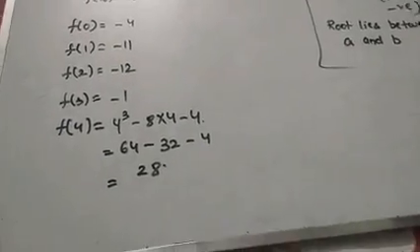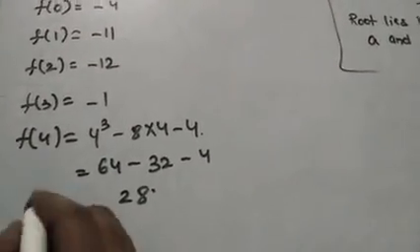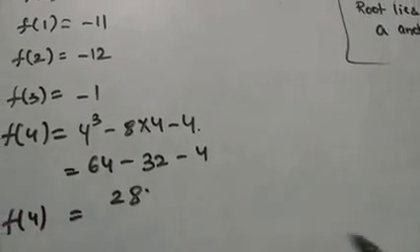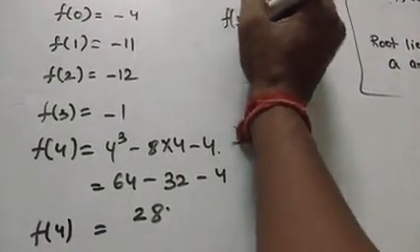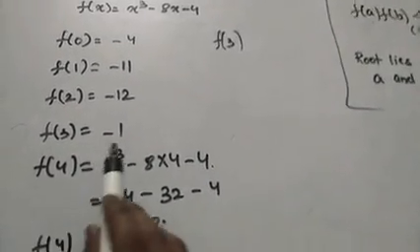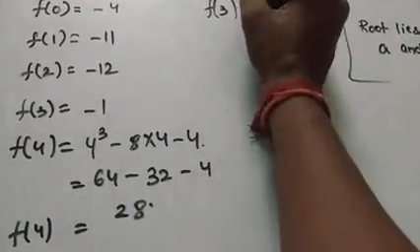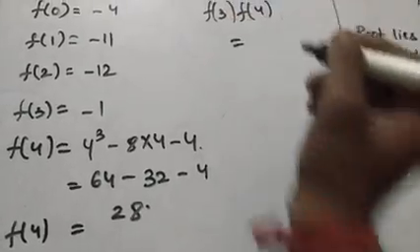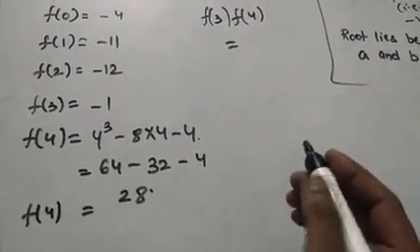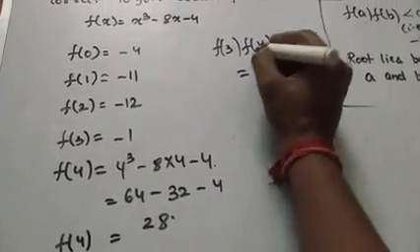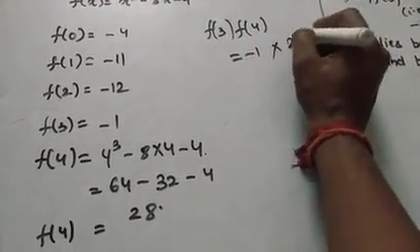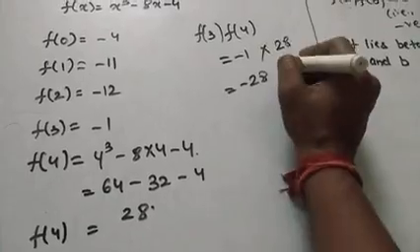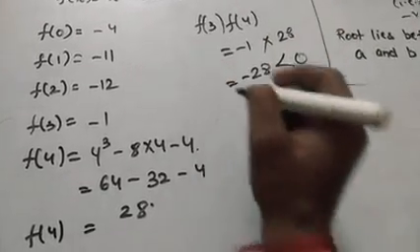So what we can see here is that f(3) is minus 1, and f(4) is 28. These two function value results: f(3) into f(4) is minus 1 into 28, that is minus 28, which is negative, that is less than 0.